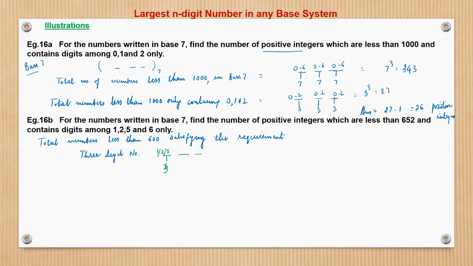Then the second place can have all the digits, 1, 2, 5 and 6, so 4 cases. The last place also has 4 cases. So it becomes 3 times 4 times 4, which is 48.